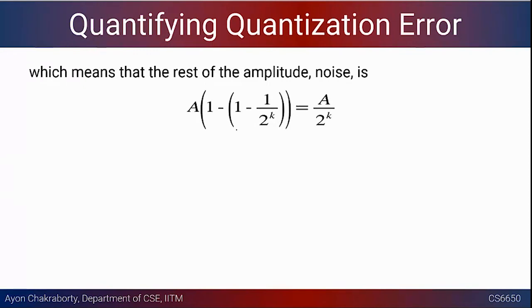So this is A minus A into 1 minus 1 by 2 to the power k, which is a small gap. If A is this and A max is the maximum possible value we could represent, this is the noise part, which is inversely proportional to 2 to the power k.